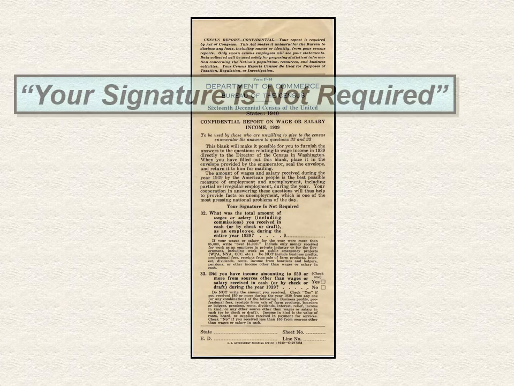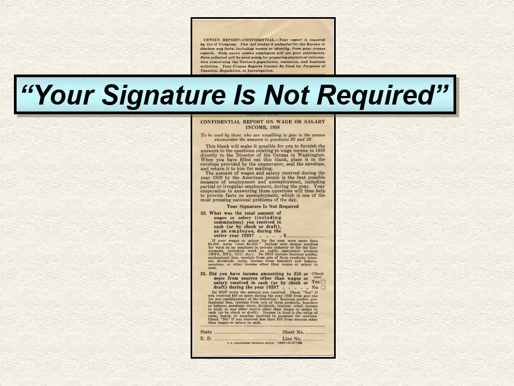So I say, as a compromise, here's one small sheet of paper. It's in my collection. It asks the questions. You can fill this out in private, and you don't have to sign it. But before I give you the sheet, I have put down on the bottom the state, the sheet number, the enumeration district number, and the line number.